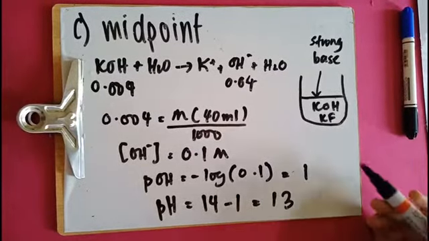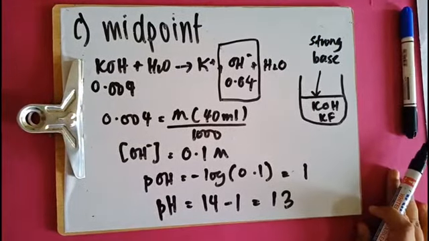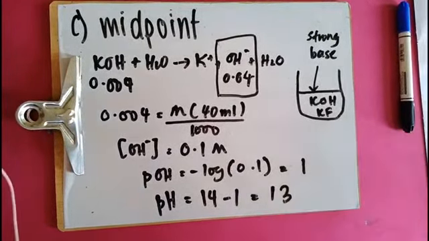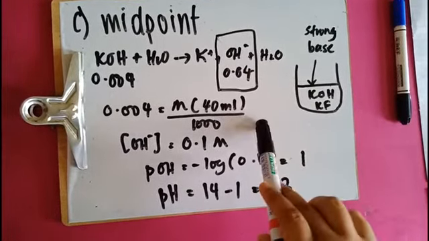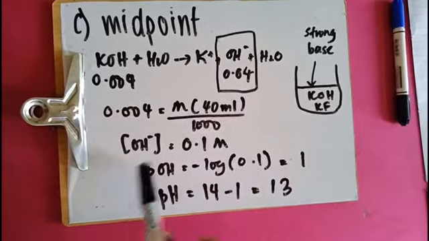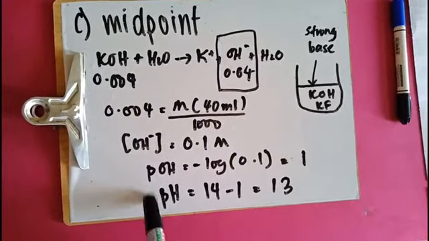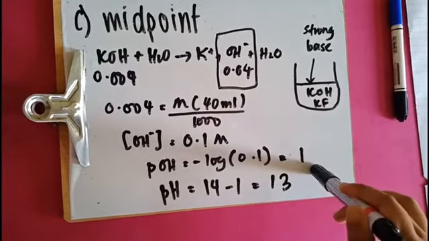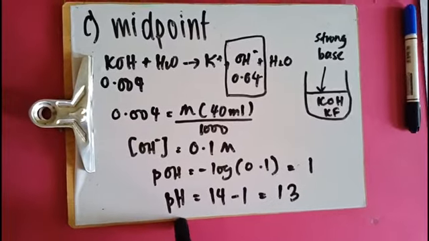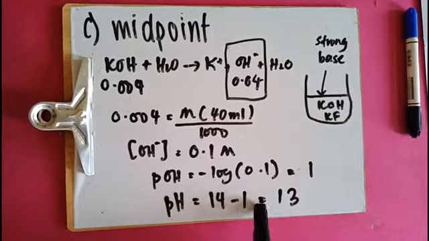So the moles of OH- is 0.004. We convert the moles into concentration, and the concentration of OH- is 0.1 molar. To get the pOH, apply negative log 0.1, and you'll get 1 as pOH. For the pH, subtract 1 from 14, and you get the pH as 13.